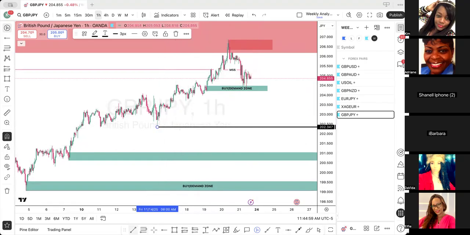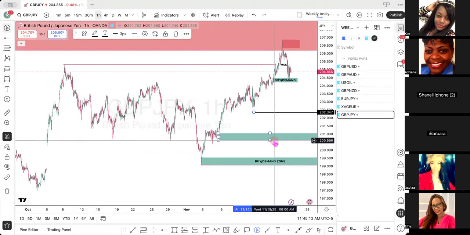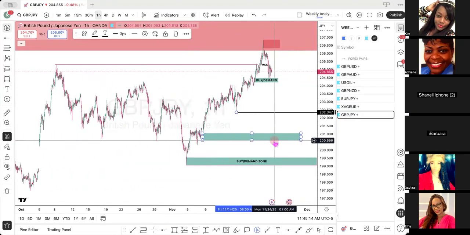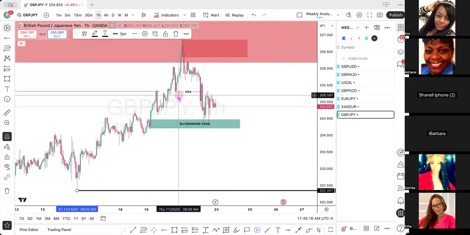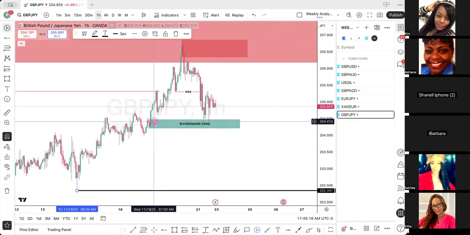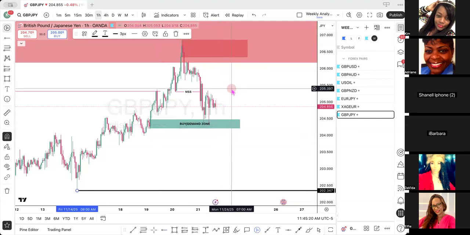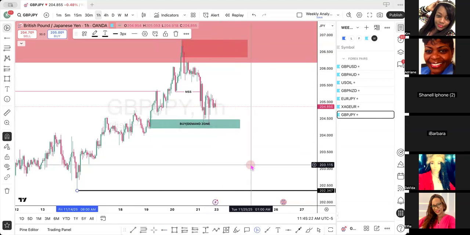If you want to target whatever low is created here, you can target that low. Or if you want to target this demand or this demand, that's all up to you. But as of right now, there has been a little shift in structure. Price tapped into this demand zone, so I'm expecting a push back up for the sell.